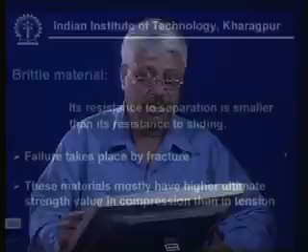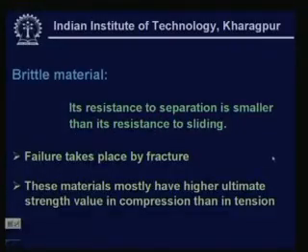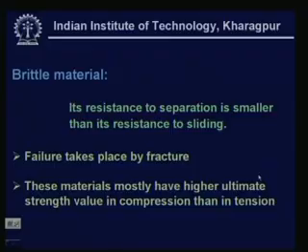Now, if we consider the next one, the brittle material, then what is a brittle material? A brittle material has a resistance to separation that is smaller than its resistance to sliding. It is just opposite to what we consider for the ductile material, and here the failure takes place by fracture.